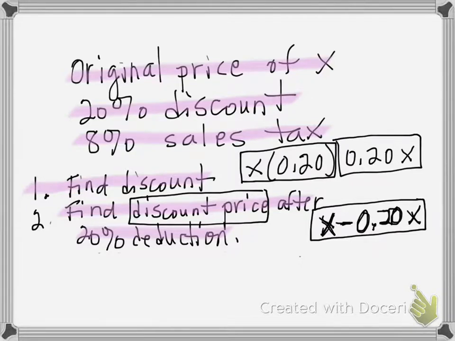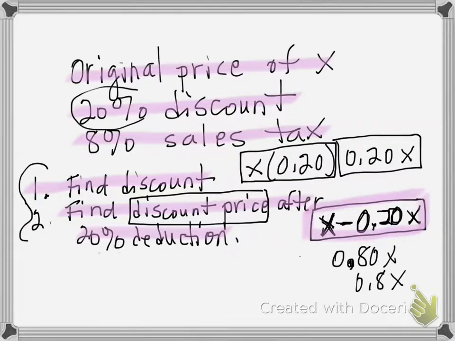Now, these two steps can be combined into one. What you'll find is that this actually equals 0.80x, or 0.8x. These are the same exact things. So you could combine both of these.